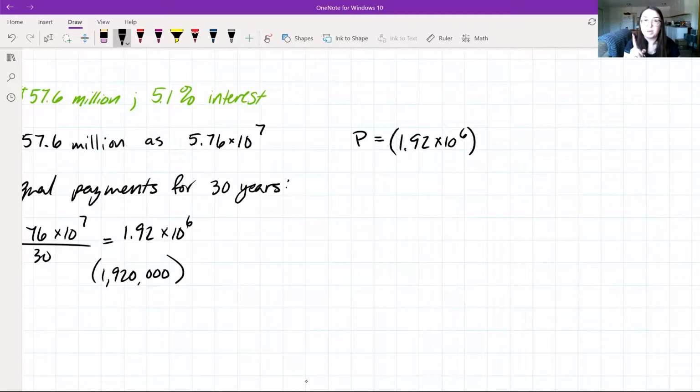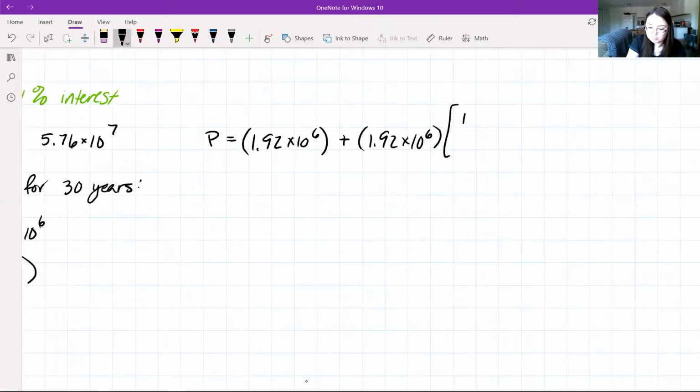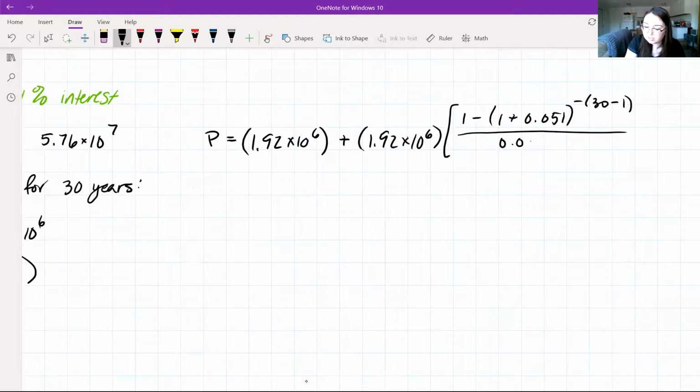So this is that first payment plus our normal payments times 1 minus 1 plus 0.051 since it's yearly. And then we have negative 30 because it's 30 yearly payments, minus 1 since our first payment gained no interest. And then we're going to divide by our interest.